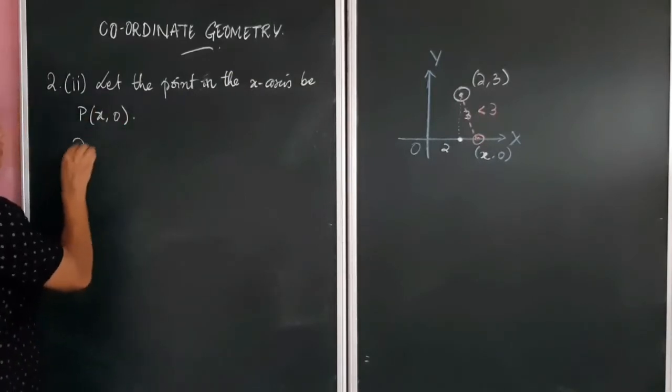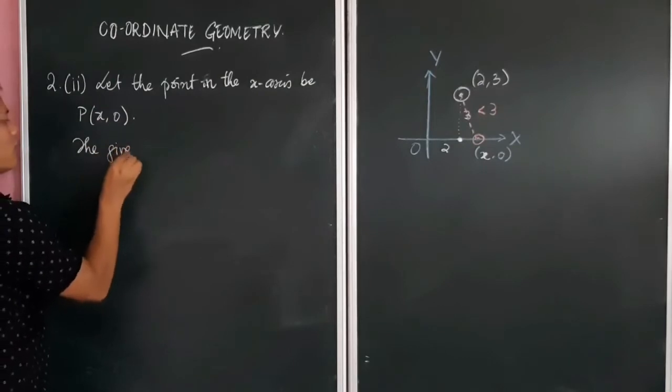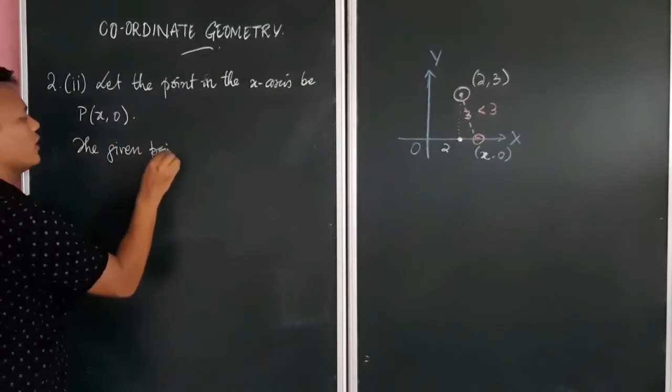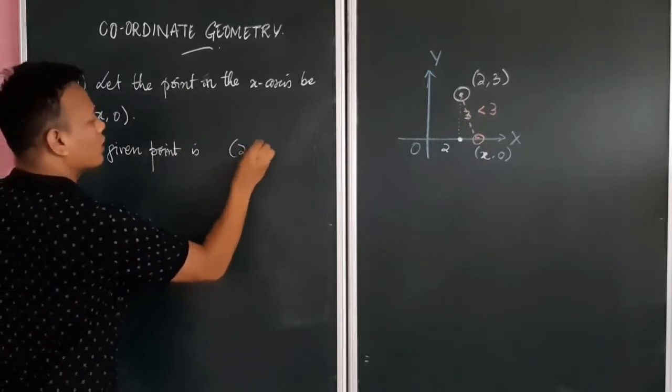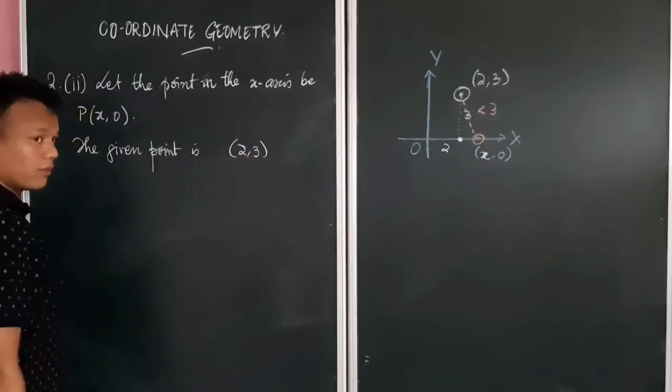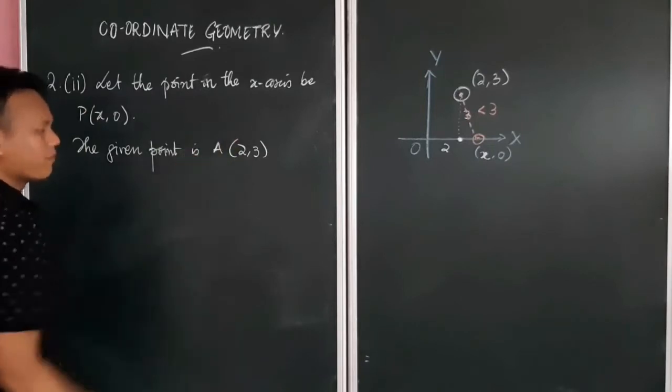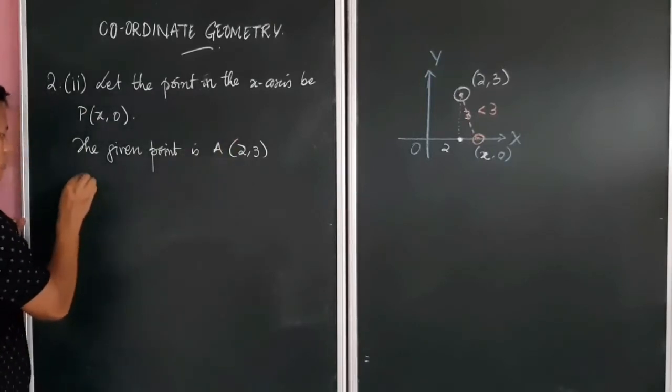The given point is (2, 3), right? Now again let me give it a name, so let me call this A. Is that clear?